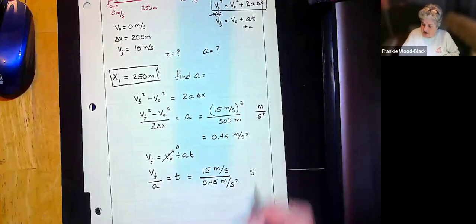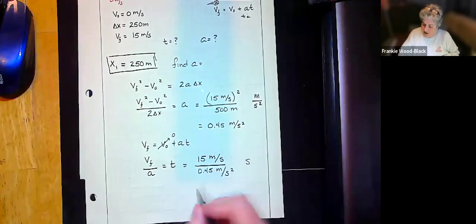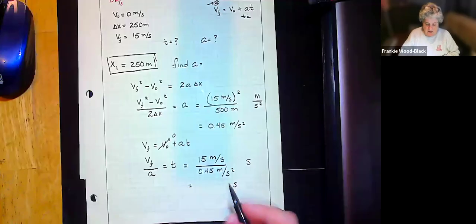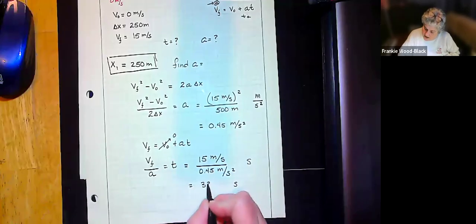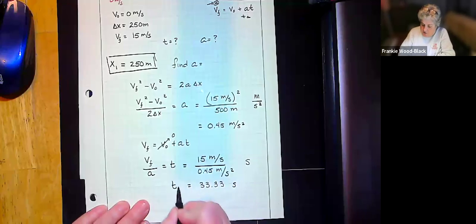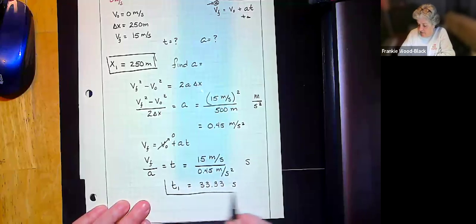I'm going to end up in seconds, so that's really good. 15 divided by 0.45 gives me that this was 33.33 seconds. So for this first part of my trip, I now have my time.